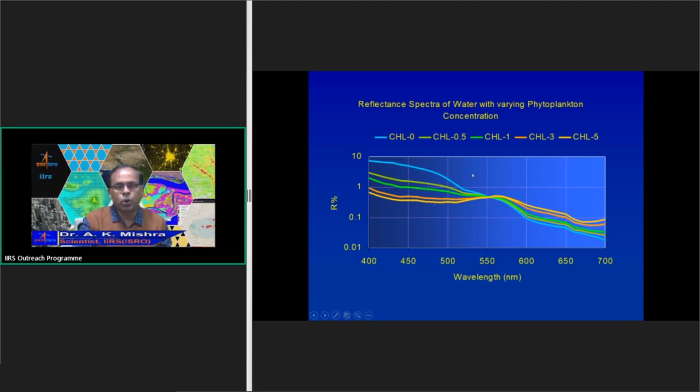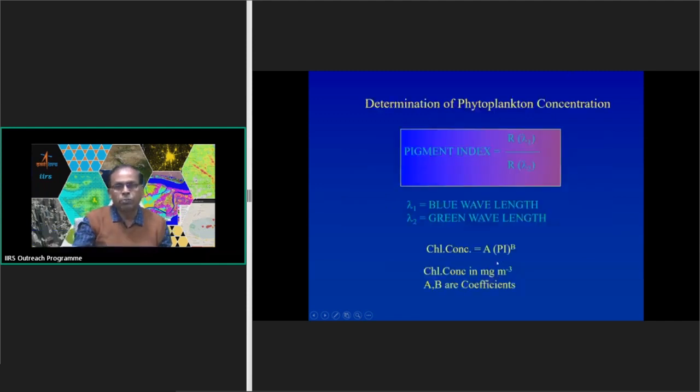So this gives a ratio which is known as pigment index, where lambda 1 is the blue wavelength, and lambda 2 is the green wavelength, and you are relating it to chlorophyll concentration statistically, and you are finding out A and B, which are coefficients of regression.